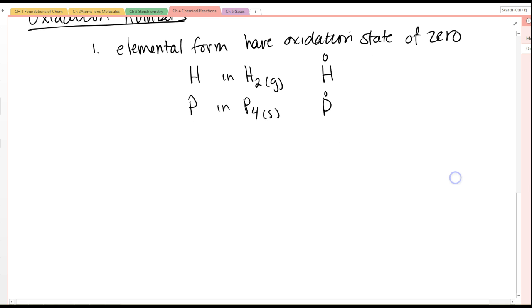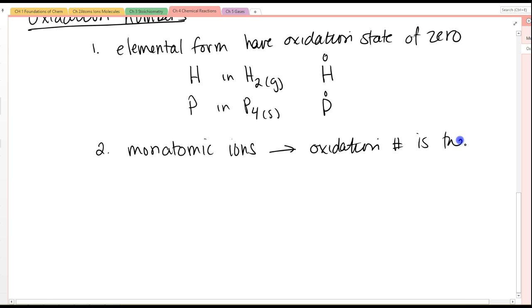So that's rule number 1. Rule number 2 is that for monatomic ions, their oxidation number or oxidation state is their charge. An example of that would be potassium sulfide.